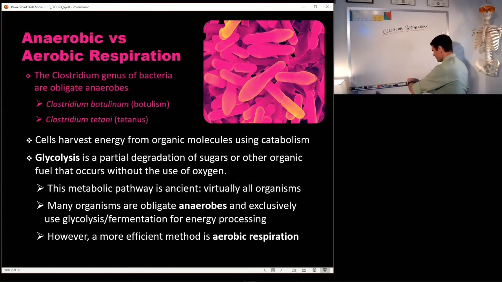Now, the first step of cellular respiration is anaerobic. So, step 1. Glycolysis. This step is anaerobic.